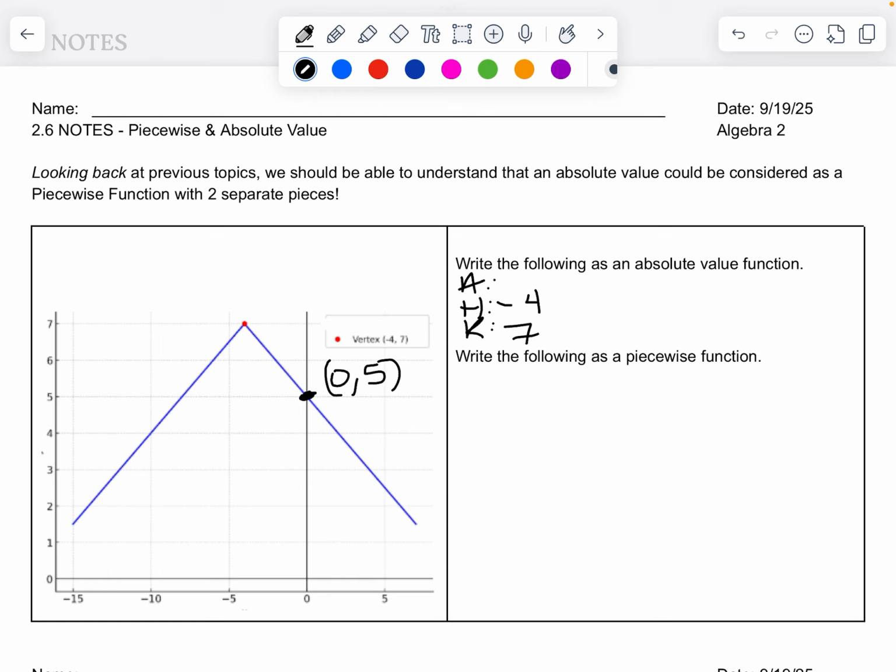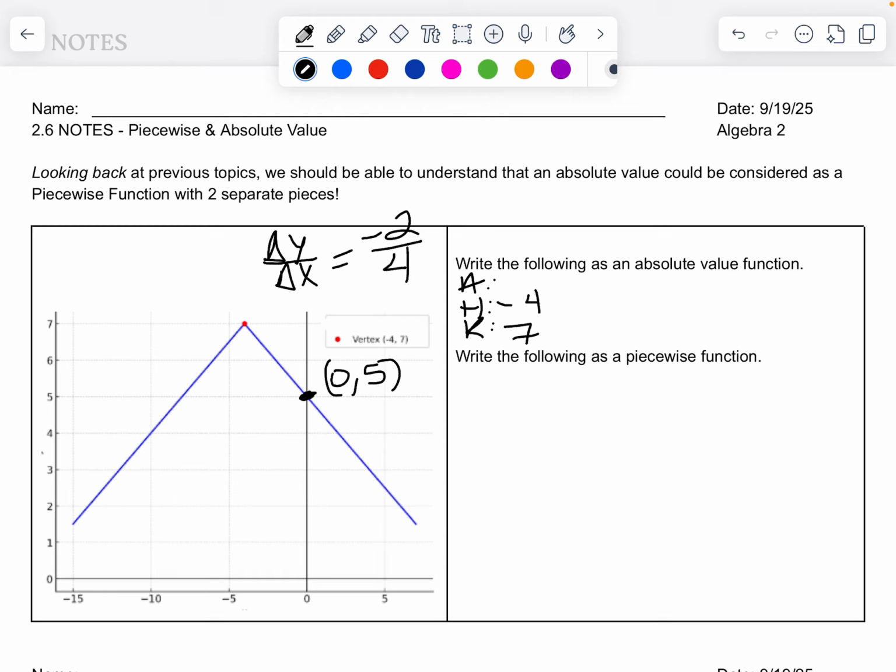And if I find the slope here, change in y over change in x, the change in y goes from 7 down to 5. The change in x goes from -4 to 0, so that's going up 4.